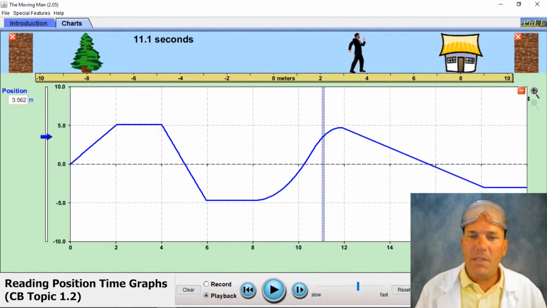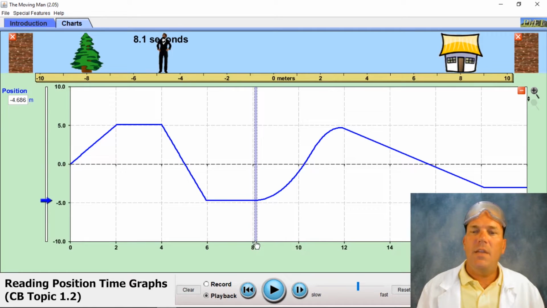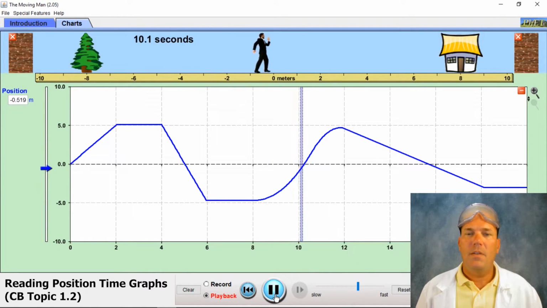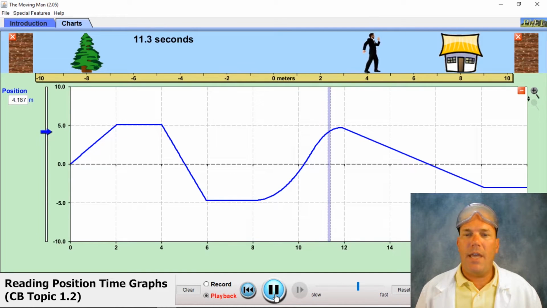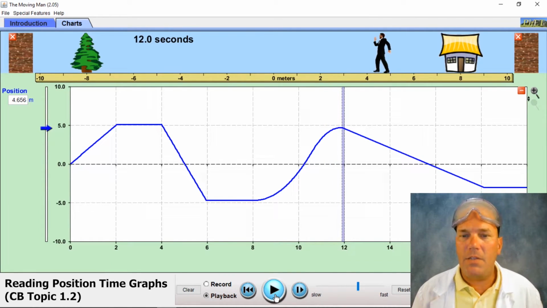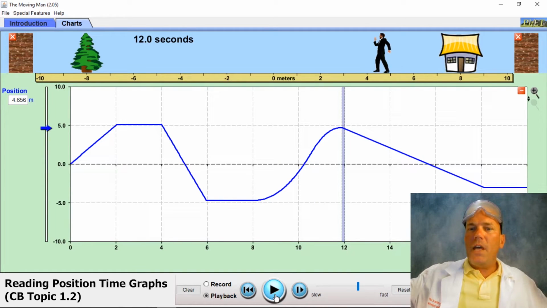Okay, we see the man begin to slow down, and I'm actually going to play it all the way from 8 to approximately 11.8. Here we go. Speeding up, slowing down, boom. Getting ready now to change direction. So we saw an increasing speed over time.